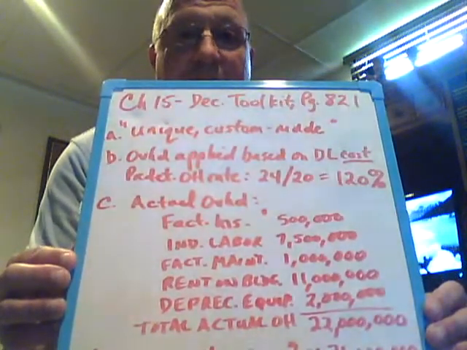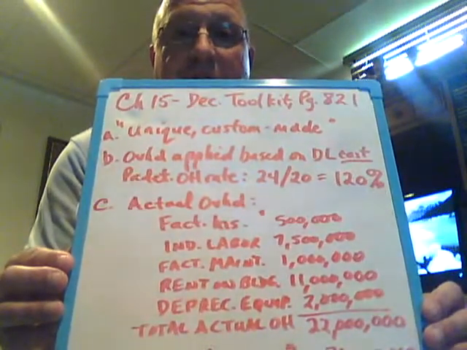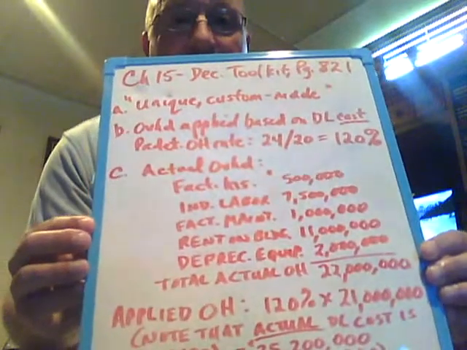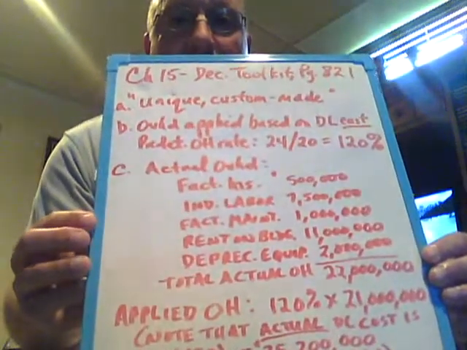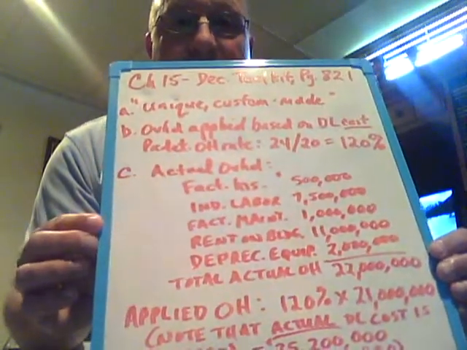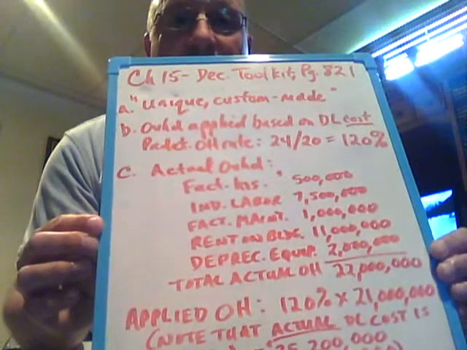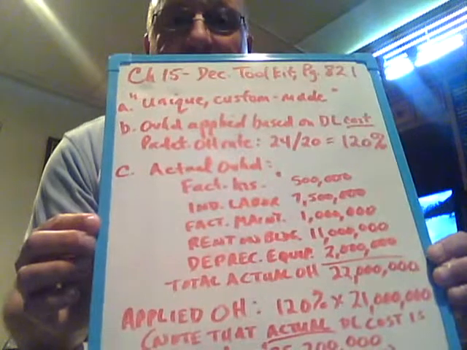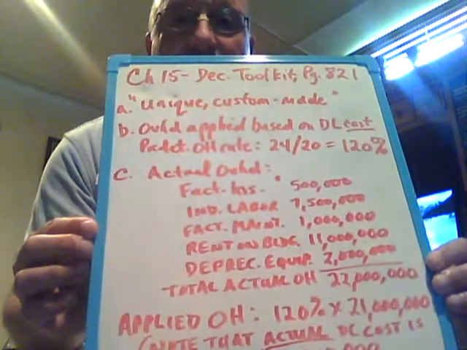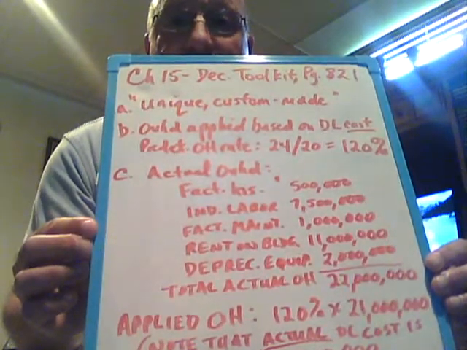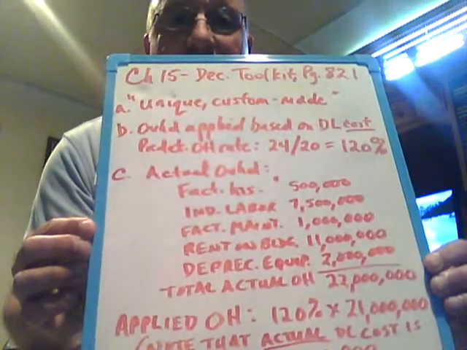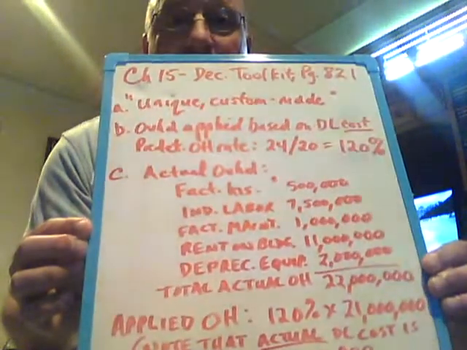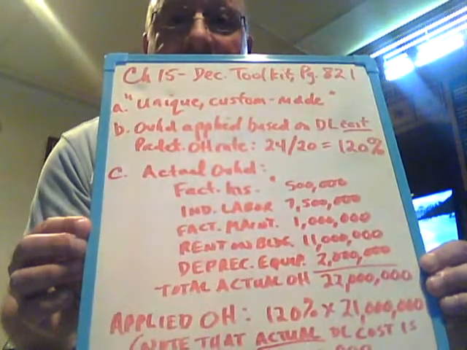So the question is asking for the amount of over or under applied overhead. Well, you need to then compute how much overhead would be applied in the circumstances. And here you need the overhead rate that was computed in B above, but you also need the actual direct labor cost on which it was applied. So you're no longer using the estimated direct labor, you're only using that to compute the applied overhead rate going in.